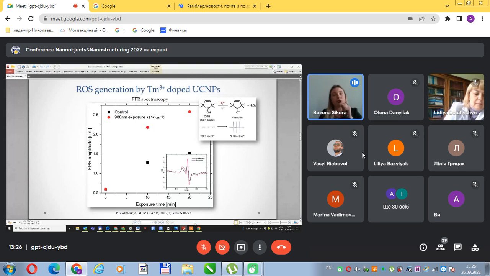Nanoparticles doped with thulium ions, and we measured the EPR signal from the solution with the nanoparticles.